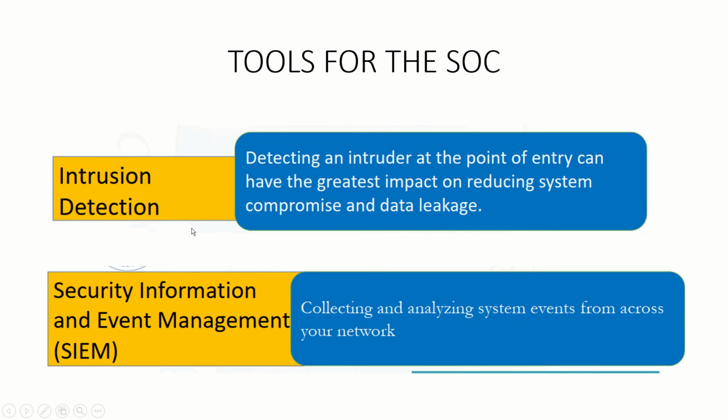Then again, there is intrusion detection. Once you are able to detect an intruder, or the point the intruder is passing through into your network, you should be able to find a way to cover the leakage or reduce the compromise. Then there is what we call the security information and event management, which is called the SIEM.